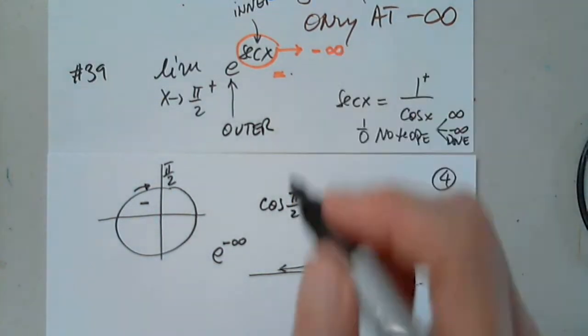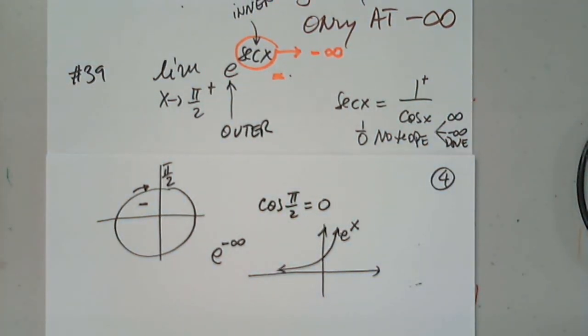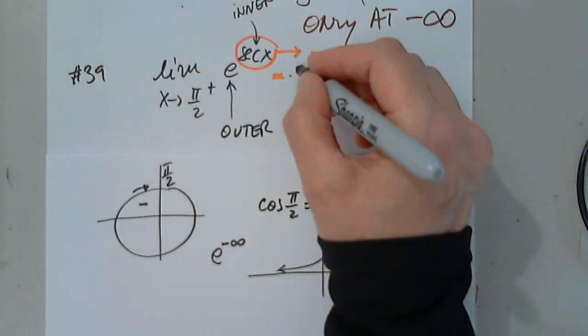So then can anyone give us the answer of e to negative infinity? What does it approach? From the graph, can we identify that? 0. Yes, indeed.